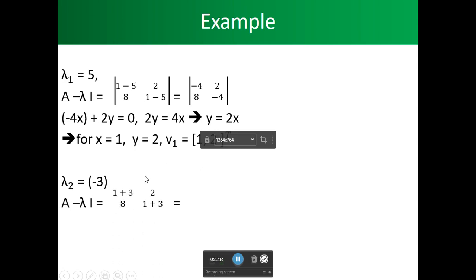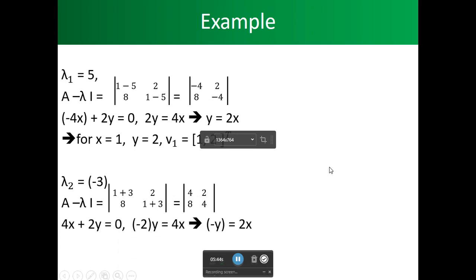So now we're looking at our eigenvalue of minus 3, and we're plugging it in. So this is 1 minus lambda, which is minus 3, turns into plus 3. We multiply these together, we add these together, and we see that we get a 4 coming down our diagonals.